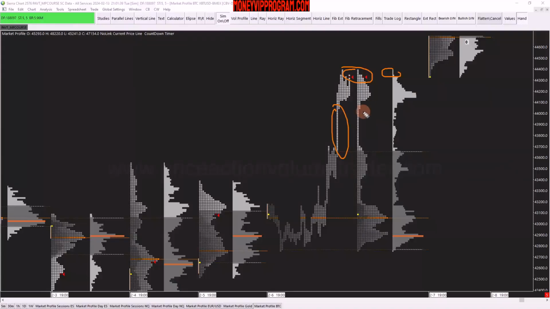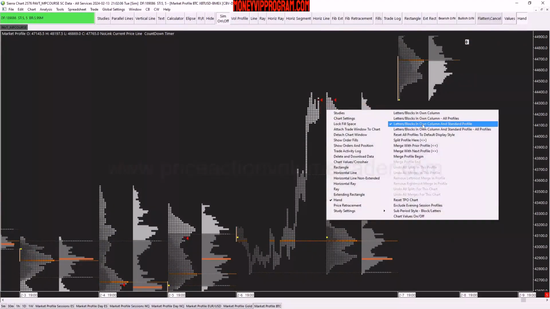So in the future, this will be a very important level to track. This was pretty much the gap of the low volume node and the gap of this single TPO that we left. So these are going to be very significant levels to track in the future as well.